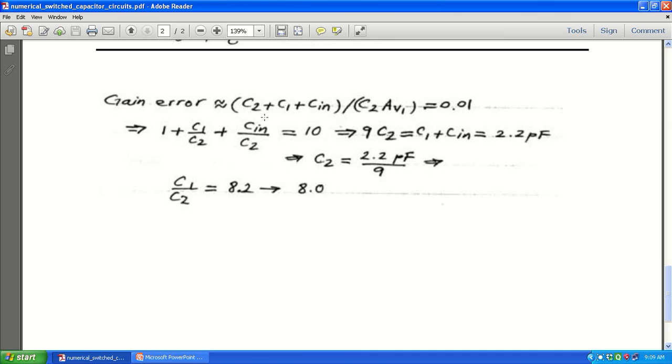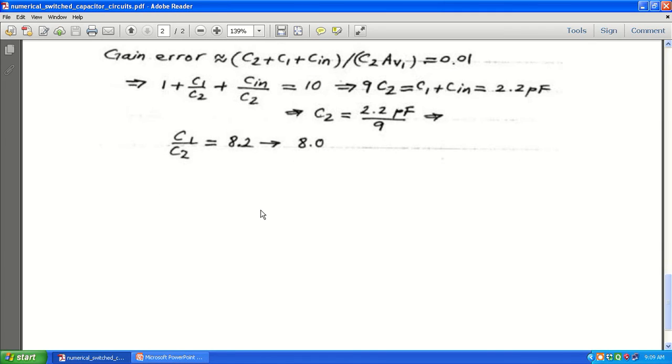So the gain error is given by (C2 plus C1 plus Cin) upon C2 times AV1. You substitute all the values, you get 0.01. So you simplify this equation. Finally, you will have C1 by C2, which is the nominal gain, equal to 8.